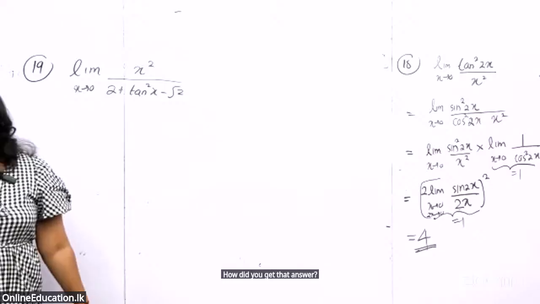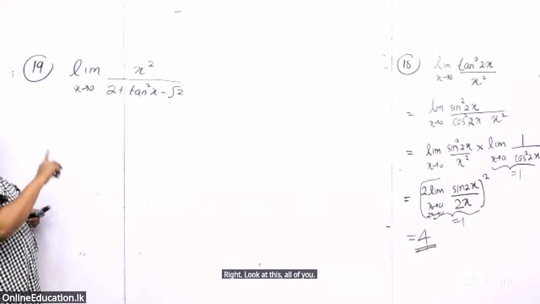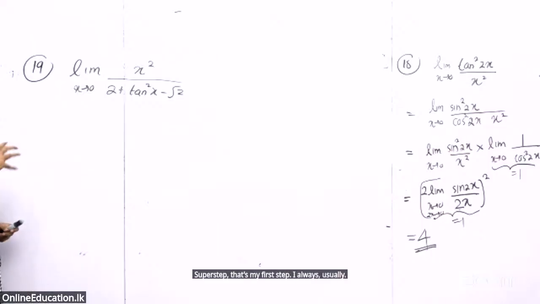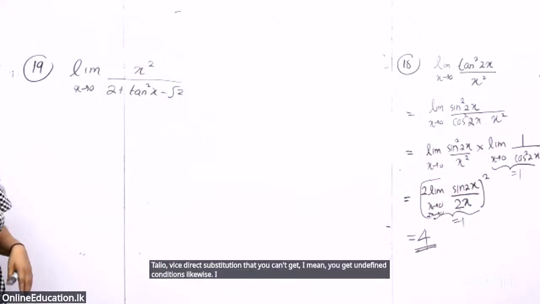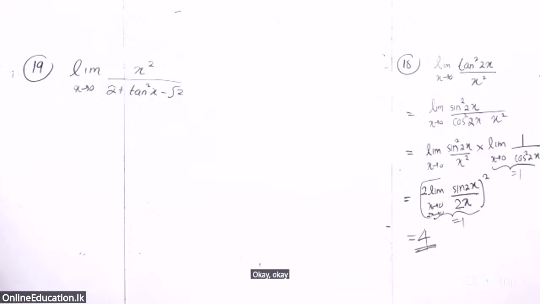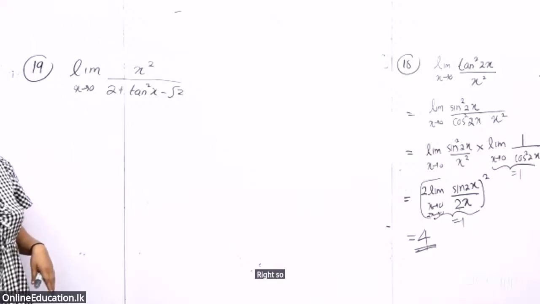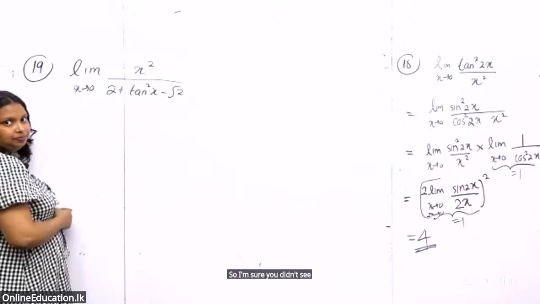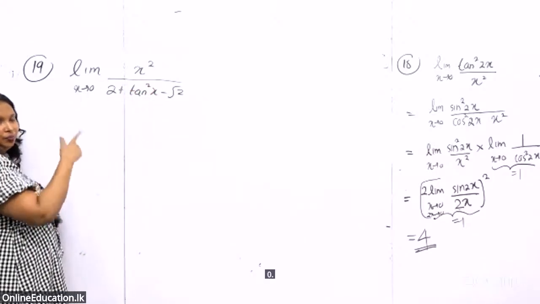Right. Look at this, all of you. As my first step, I always tell you to try direct substitution, to see whether you get undefined conditions. I substitute and tell. So this one, substitute x as 0.